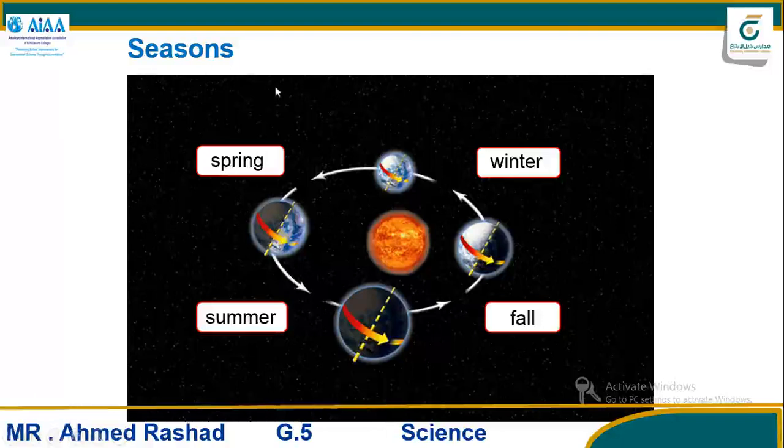So we have 4 seasons: spring, summer, fall, winter, that's caused by the Earth revolution, and you can watch that video that's describing the seasons on Earth.